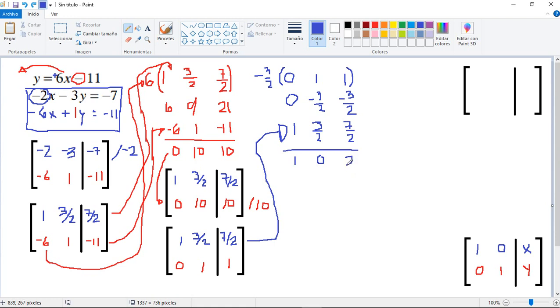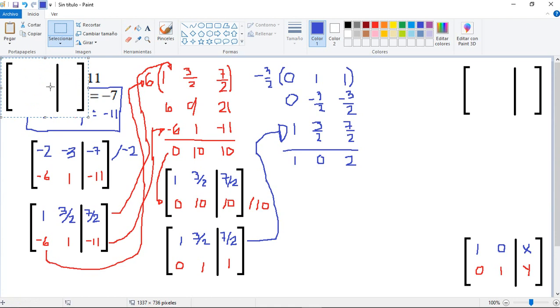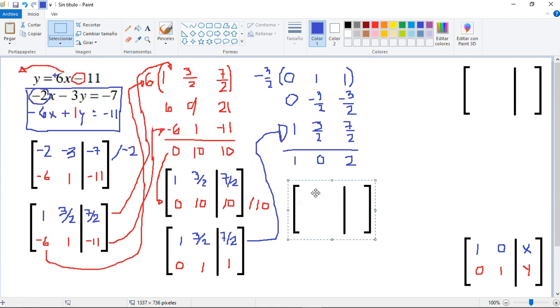So we can just write 2. And this is going to be my new first row, or my new top row. Okay? So I am going to copy this row right here, 1, 0, 2, and then I am going to copy this row in here, 0, 1, 1.